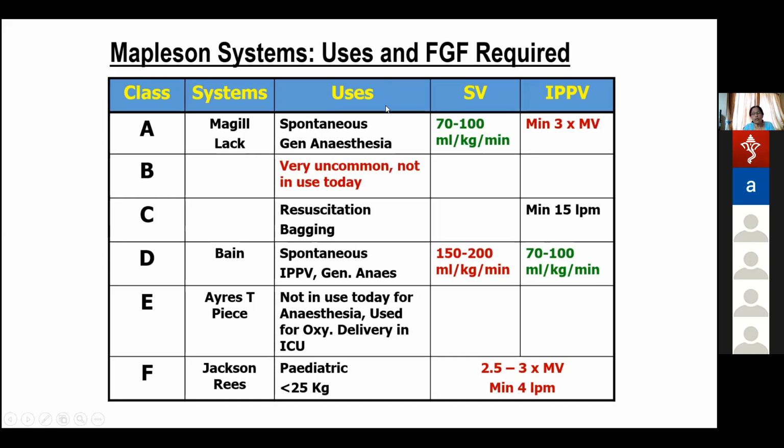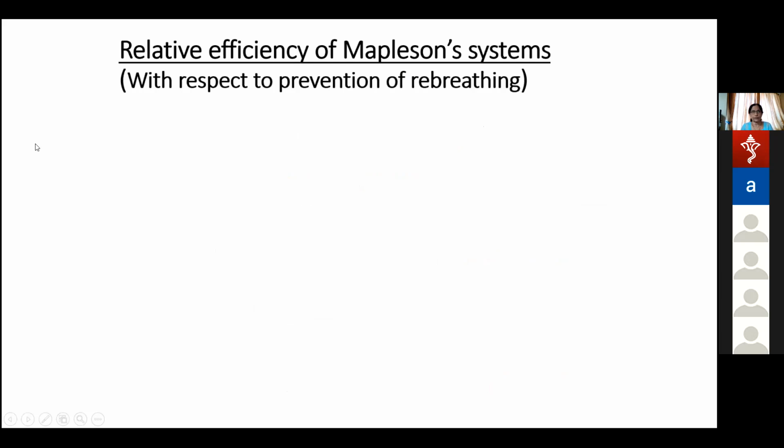Okay, here are the uses. You see B is hardly used. C is used only for resuscitation. D, we are using in the form of Bain circuit. A, we are still using, in the form of Jackson Rees. T-piece is only for ward purposes, for giving oxygen.